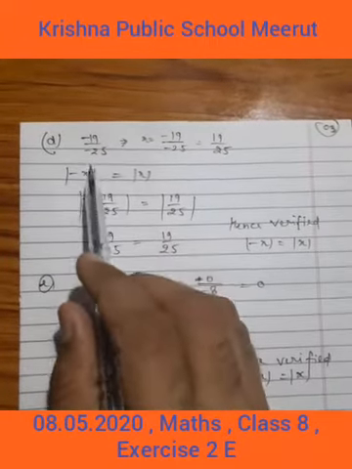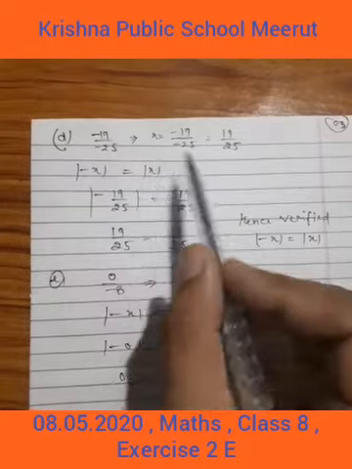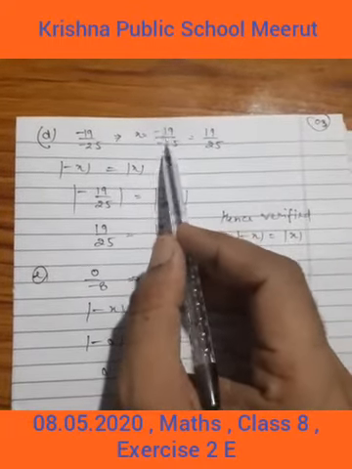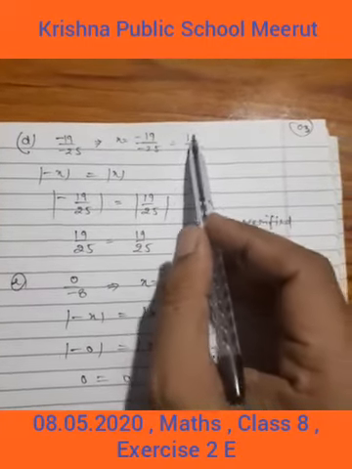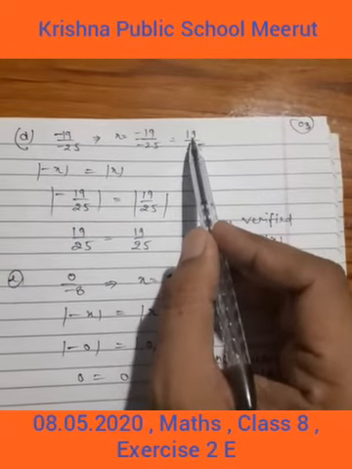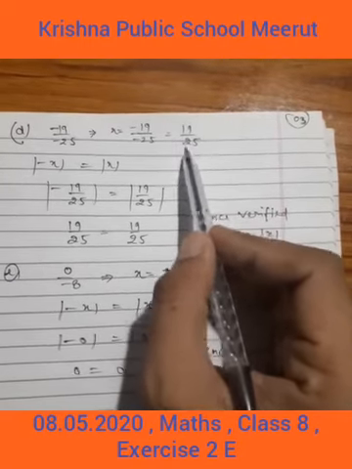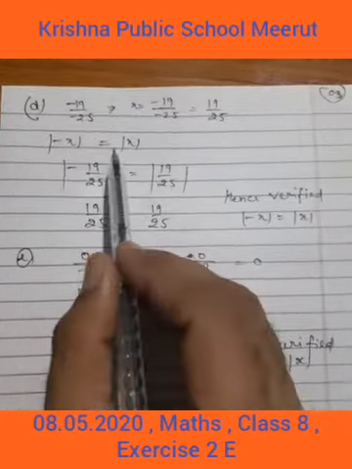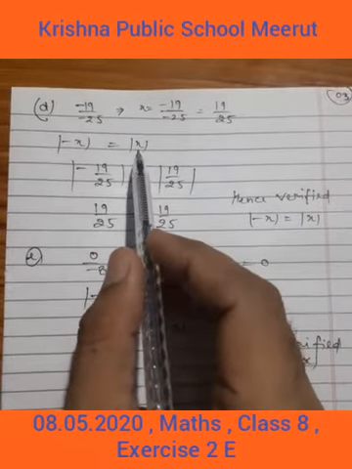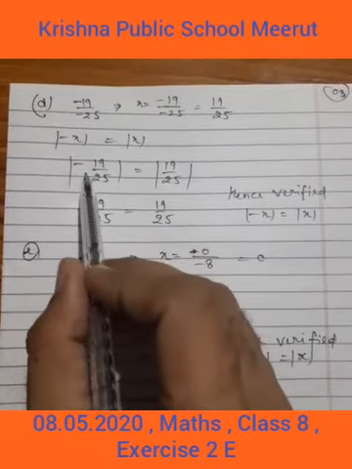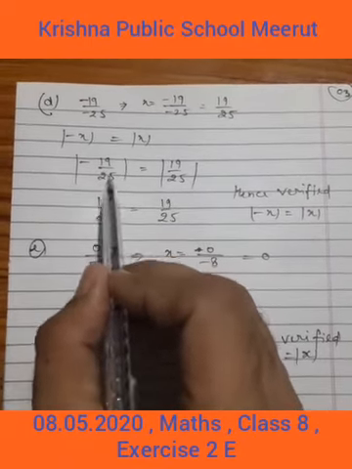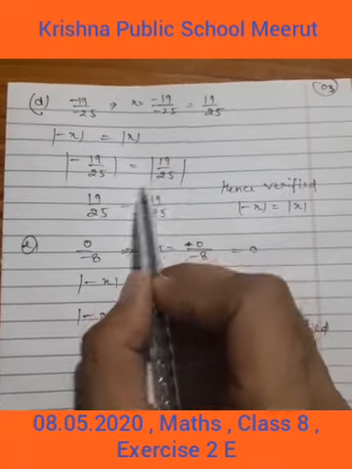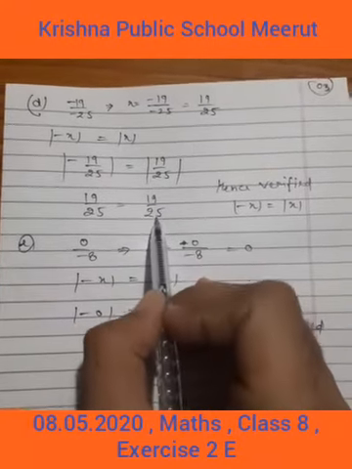D part is minus 19 upon minus 25, that is x is equal to minus 19 upon minus 25. We will cut minus sign in both numerator and denominator, and the value of x is equal to 19 upon 25, and given that minus x in vertical lines is equal to x in vertical line, and we will put here the value of x, that is minus 19 upon 25 in vertical lines is equal to 19 upon 25 in vertical lines, and the answer is 19 upon 25 is equal to 19 upon 25.